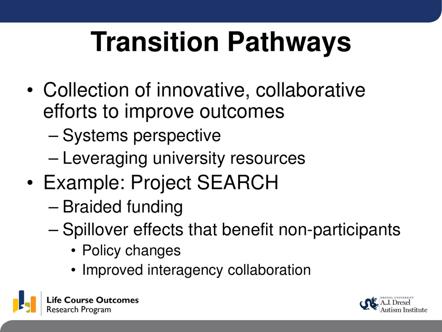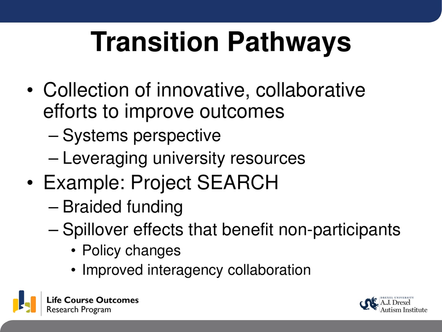The unique thing about the Project Search model that we're so excited about is that it really works at this level of systems change. So it requires the collaboration of the state VR agency, the local school district, the state DD agency, and area employers. And we bring all those people together and we foster a process of collaboration so that these agencies that are all working with this population anyway are just doing so in a more coordinated fashion.